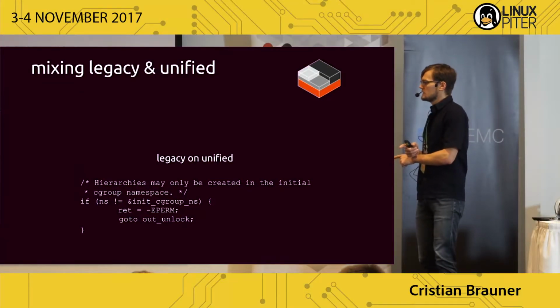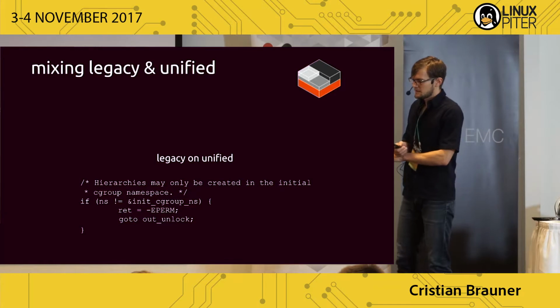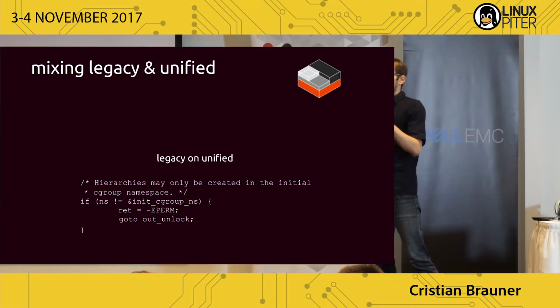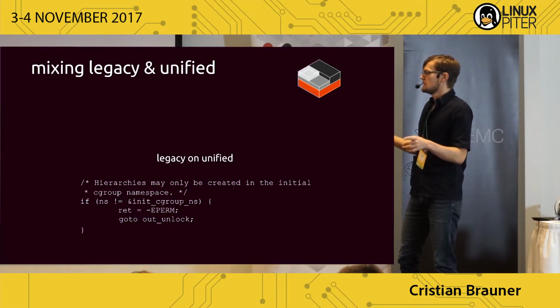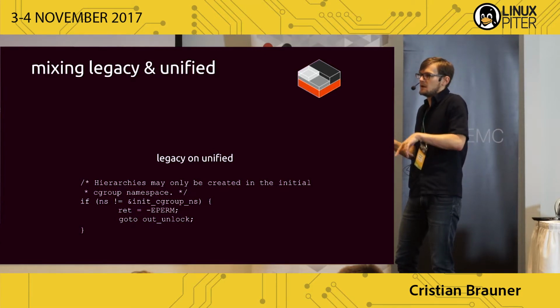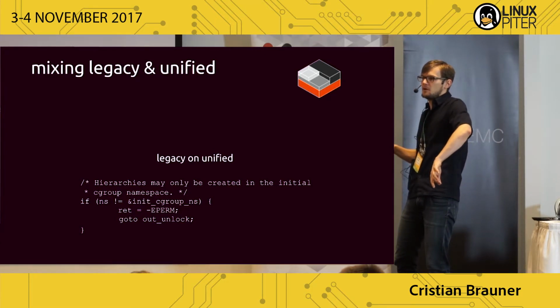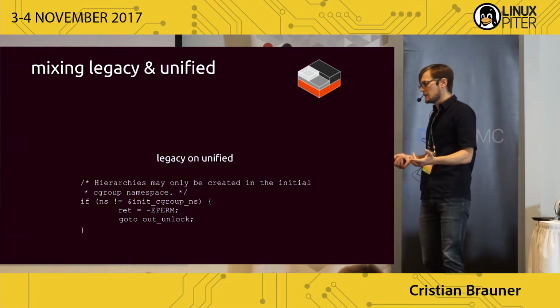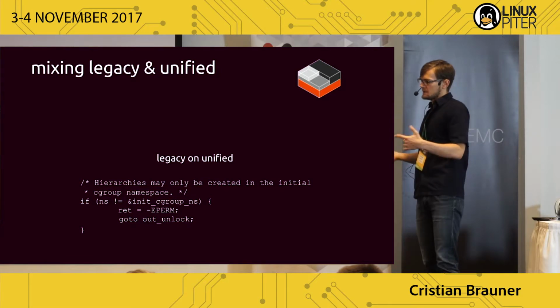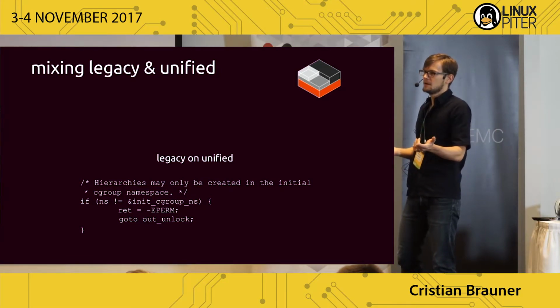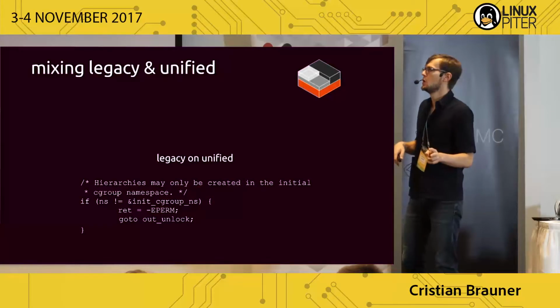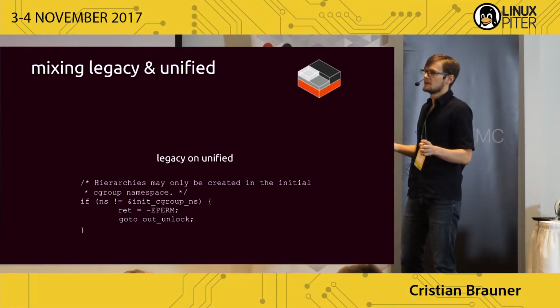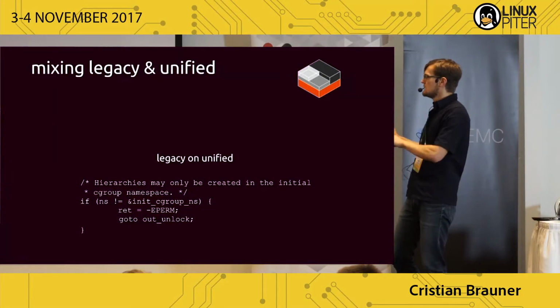So you now run into the scenario where the init binary inside of the container wants to spawn a legacy hierarchy, but none of the controllers it wants to mount are available because they are all bound into the unified hierarchy on the host. But that's not all. Even if you have a controller that is not bound into a cgroup v2 hierarchy, but has not been mounted on the host, you won't be able to mount it inside of the container, especially if we're talking about cgroup namespaces, which are an additional isolation feature.